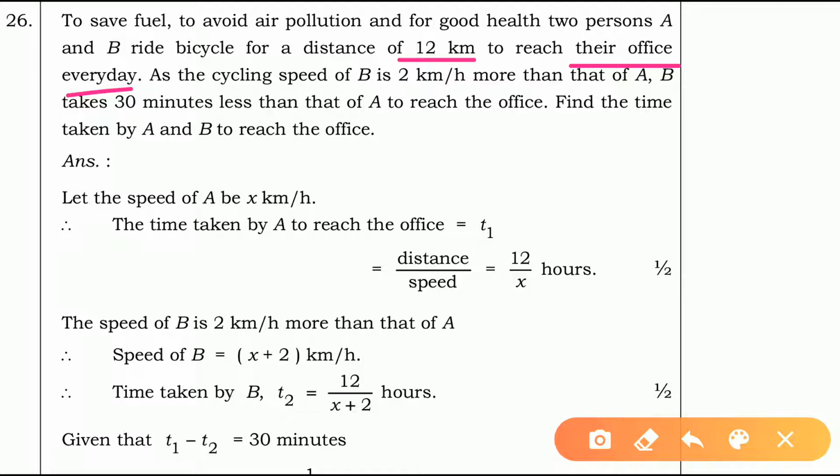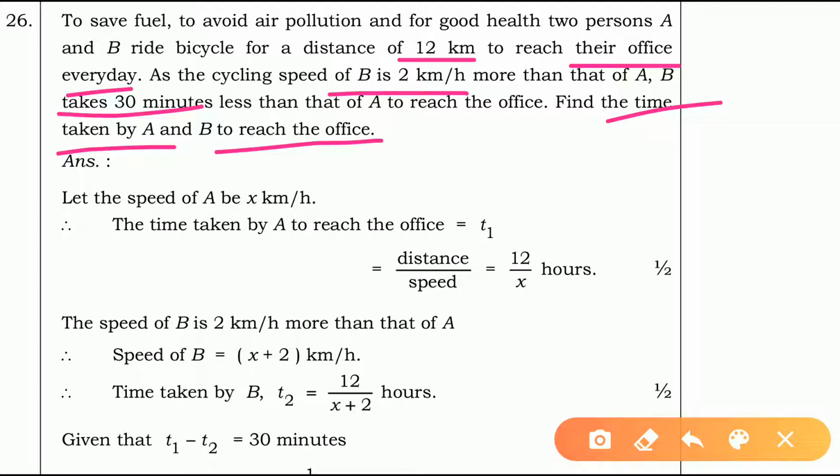As the cycling speed of B is 2 km/h more than that of A, B takes 30 minutes less than A to reach the office. Find the time taken by A and B to reach the office.